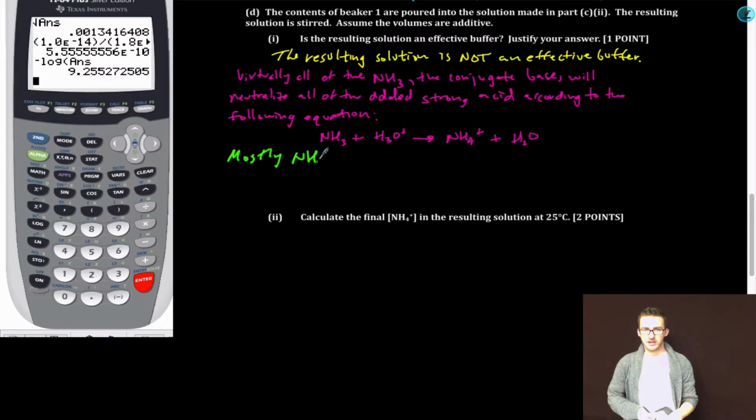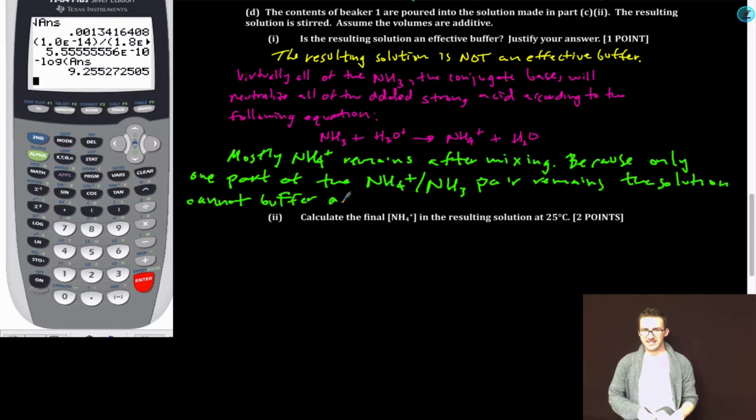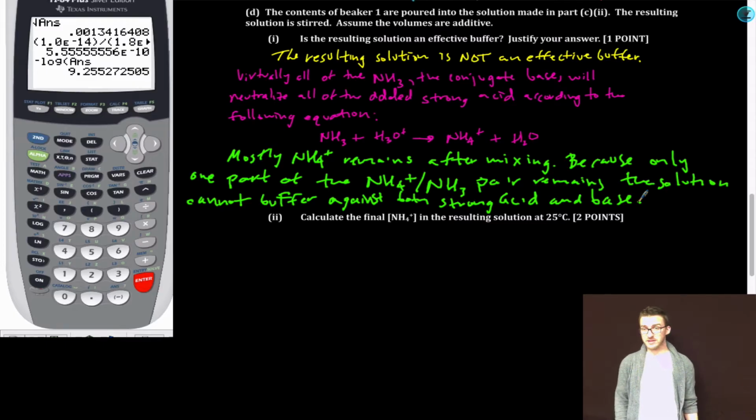Mostly NH4 plus remains after mixing because only one part of the weak acid conjugate base pair remains, the solution cannot buffer against both strong acid and base, which, remember, is one of the characteristics of an ideal or effective buffer, being able to effectively neutralize added strong acid or strong base.